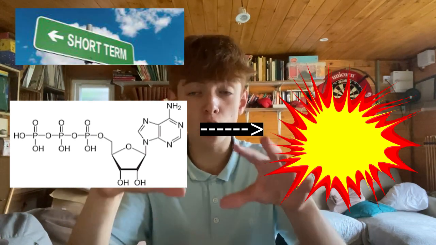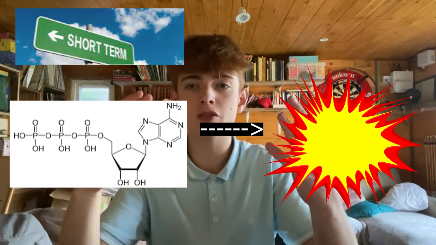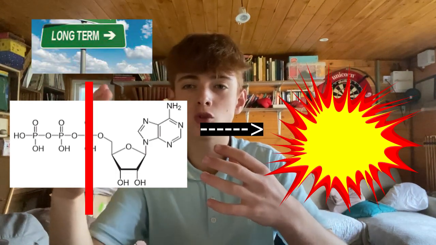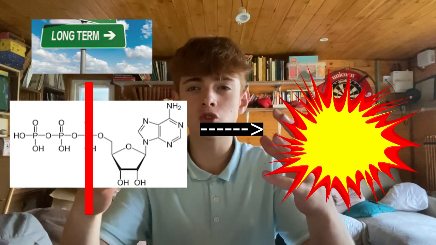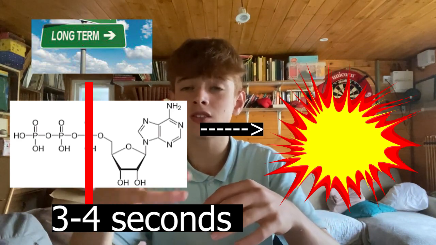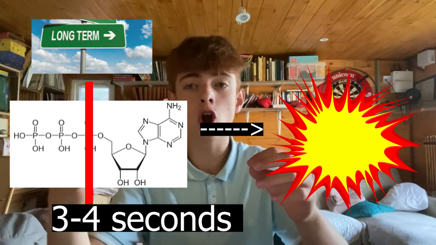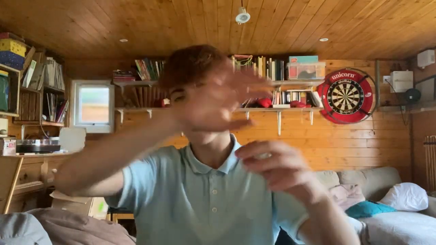Because it's quite a good short-term source of energy because it is so unstable and it is so high energy of a molecule, but it's not a very good long-term solution, as your body only really stores a specific molecule of ATP for 3 to 4 seconds at a single time. That's how far some of the chemical reactions in your body are going. It does its thing and then it just goes to do a lot of other things, gets broken down, etc. The stuff that happens inside of your body, you don't even really notice it, yet it's happening at such an insanely quick rate.